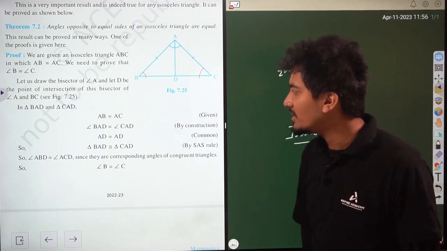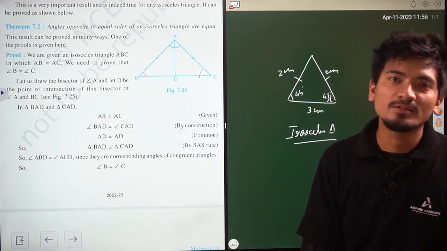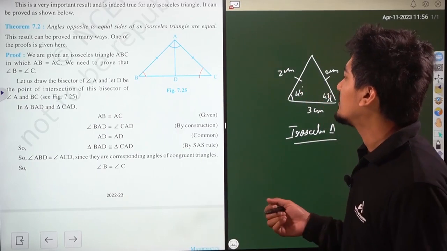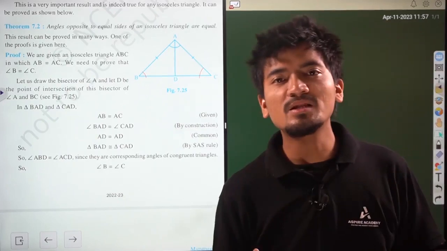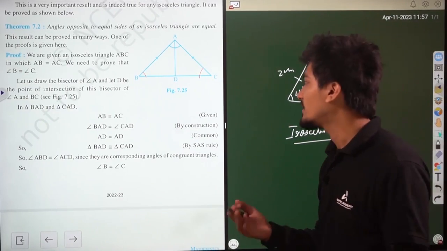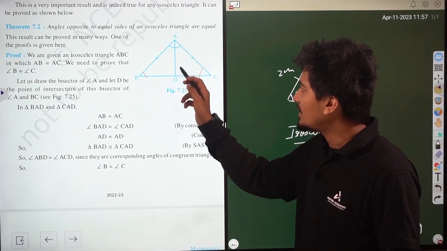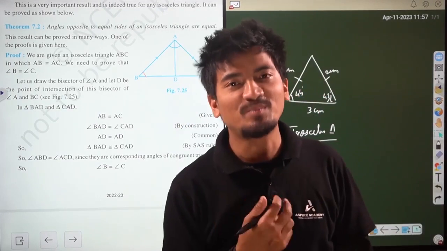So therefore by the side criteria, these two triangles are congruent, right? And we know that corresponding angles of congruent triangles are also equal. That means by CPCT, corresponding parts of congruent triangles, angle ABD is equal to angle ACD. That means these two angles are equal by CPCT.